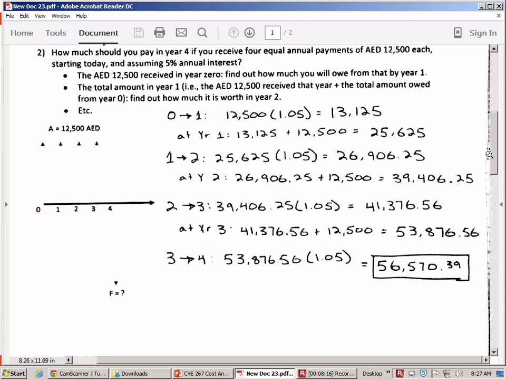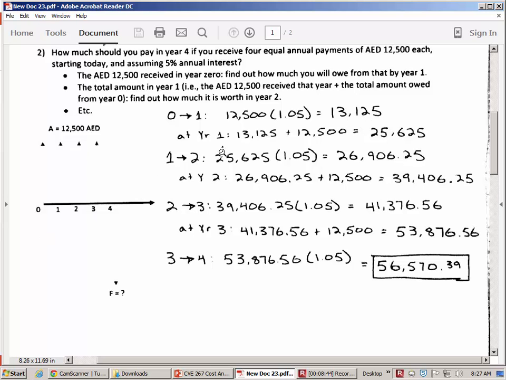So my idea here was that you're taking the money from one time to the other. So you're taking the money in year 0 and converting it into how much is it worth in year 1. And you have to use the interest to find out how much is it worth in year 1. And so the 12,500 times 1.05, that tells you in year 1 that 12,500 from year 0 is now worth 13,125.